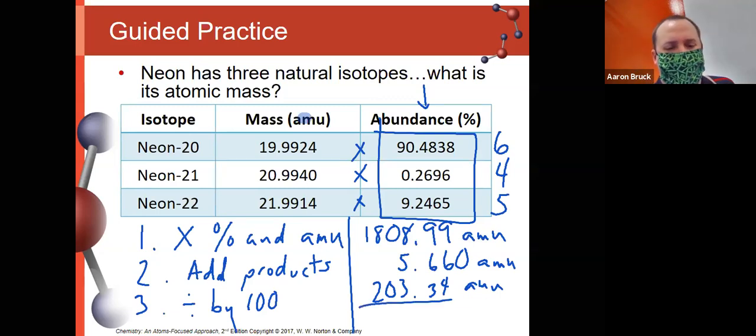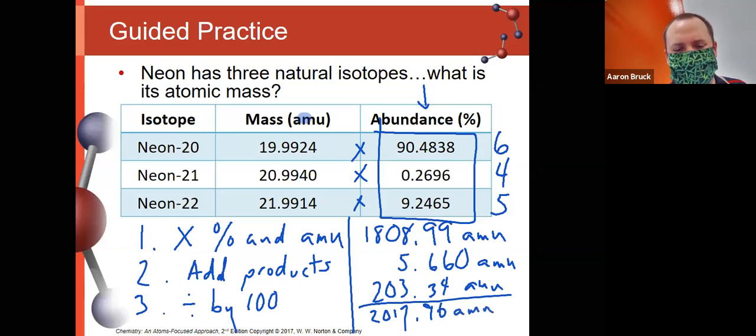Now I add them together, 1808.99 plus 5.660 plus 203.34. I get 2017.96 AMUs.